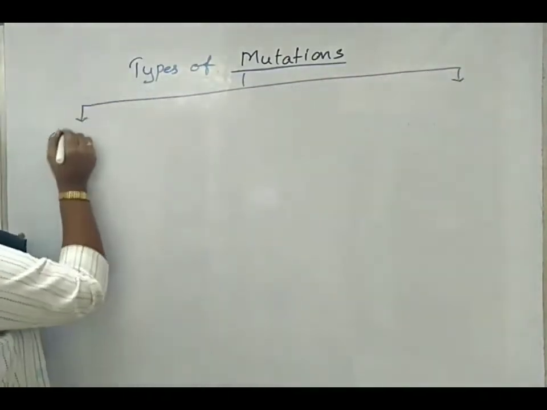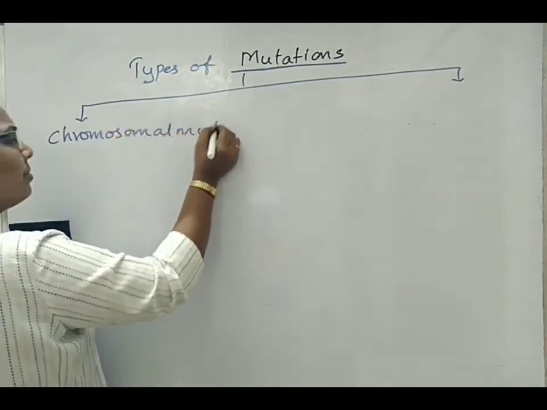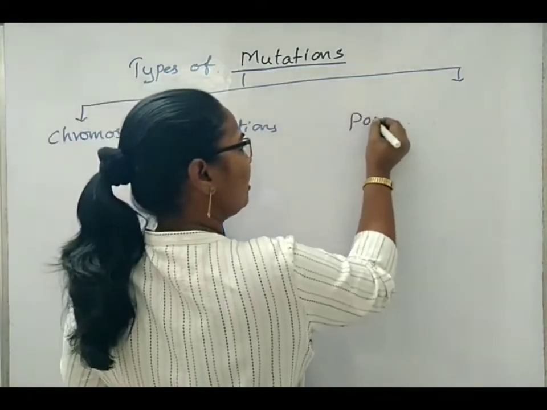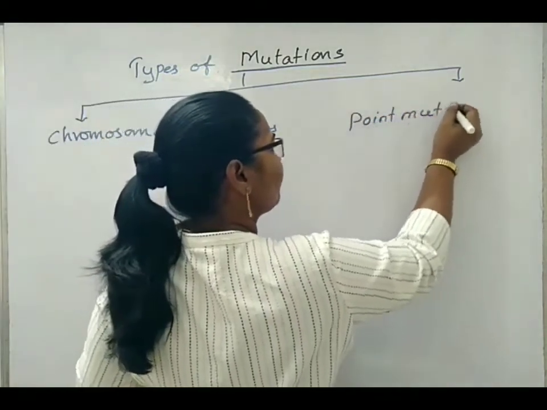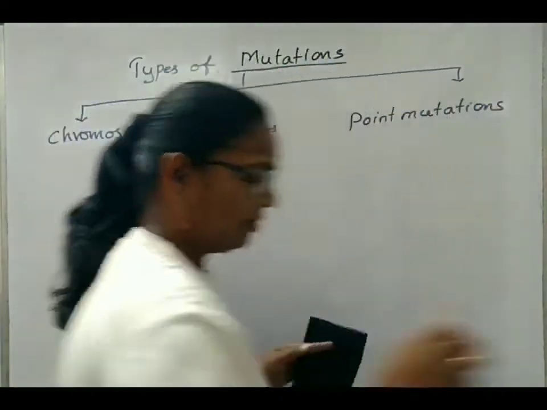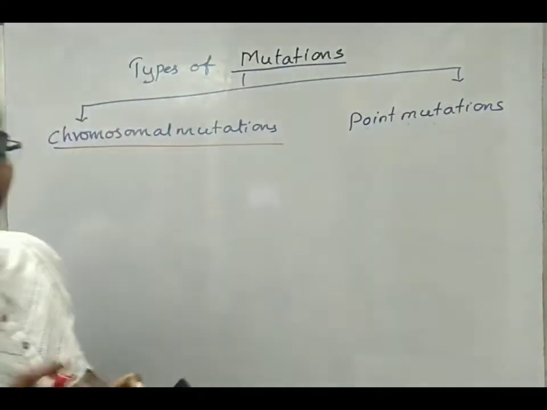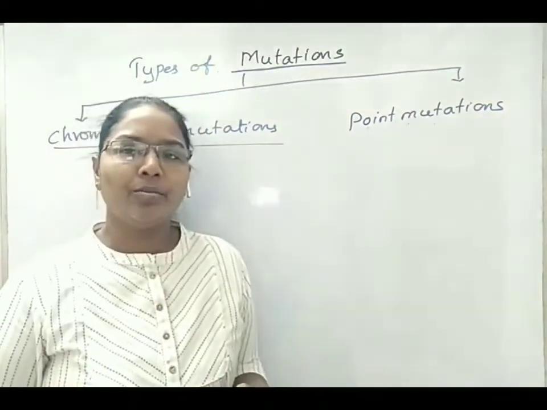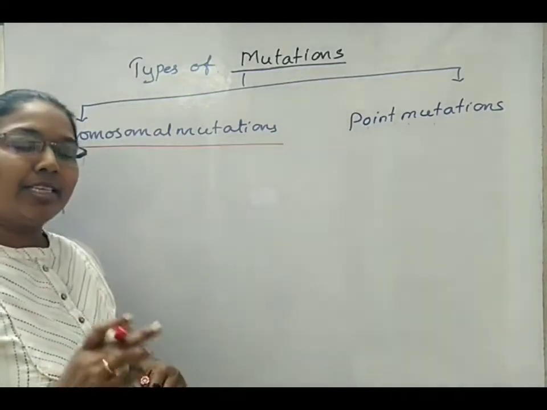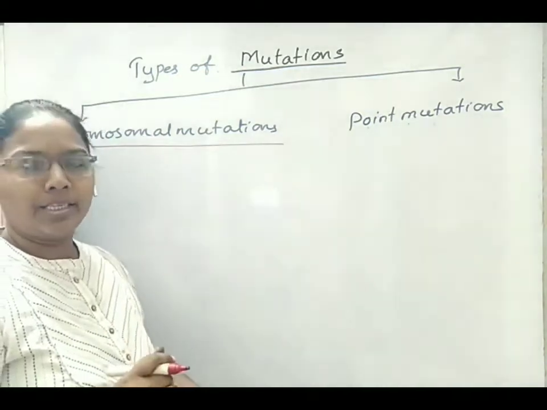One is chromosomal mutations, and the second type is point mutations. If mutations happen by changing the structure of the chromosome, that is considered a morphological change. But if there is any change in the number of chromosomes, then it is called a numerical mutation.